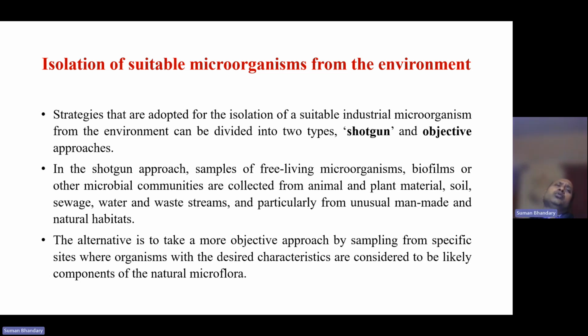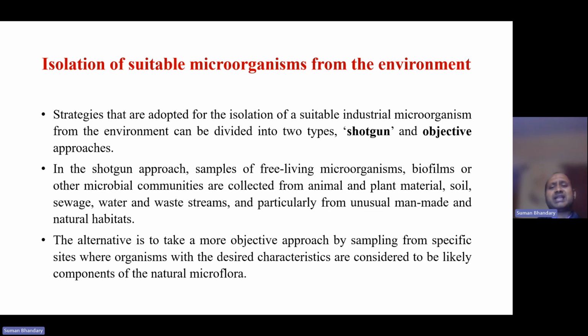In the objective approach, it involves a targeted strategy, focusing on specific criteria or characteristics that the desired industrial microorganism should possess. This method starts with background information, with a clear understanding of the industrial requirements and the traits needed in the microorganism, meaning specific metabolite capabilities and tolerance levels to certain conditions.